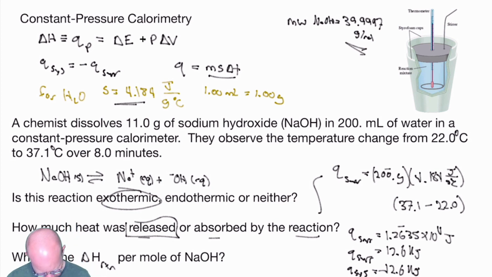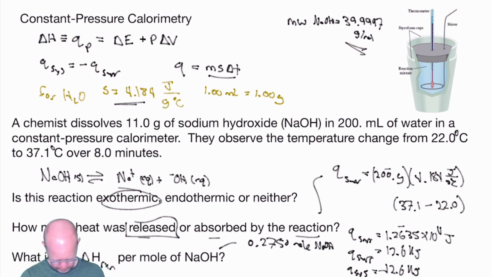And I got a number of moles of sodium hydroxide as 0.2750. So that's the number of moles of sodium hydroxide. So if we want to figure out how many kilojoules per mole, it would be minus 12.6 divided by that number.